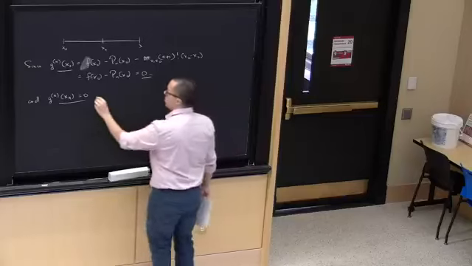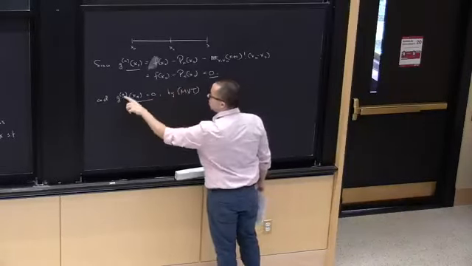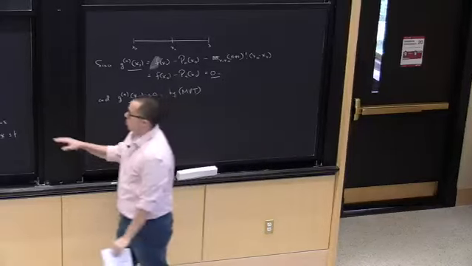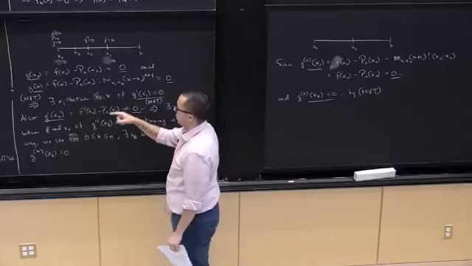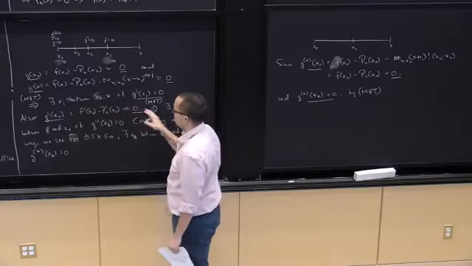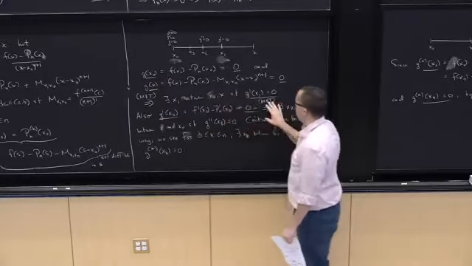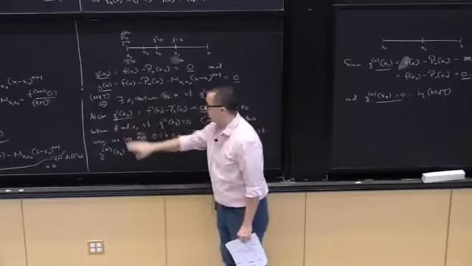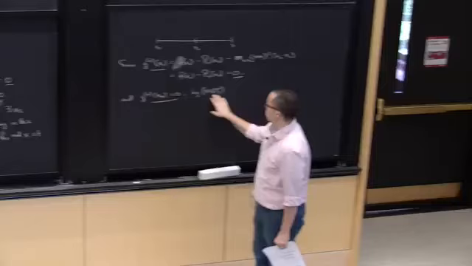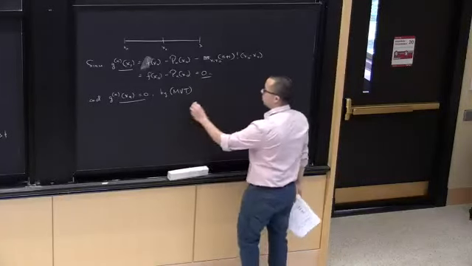there exists, by the mean value theorem now applied to the nth derivative of g. So when I write mean value theorem here, I'm not applying it to the function g, I'm applying it to the derivative. So here I was applying it just to g. Here I was applying the mean value theorem to the derivative of g. Okay? And here I'm now applying the mean value theorem to the nth derivative of g.